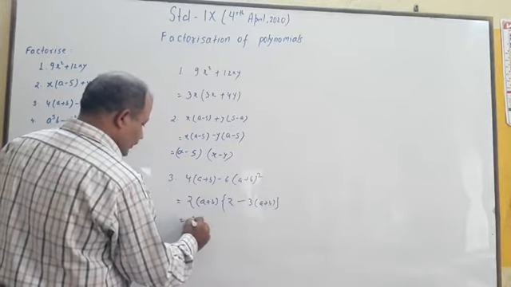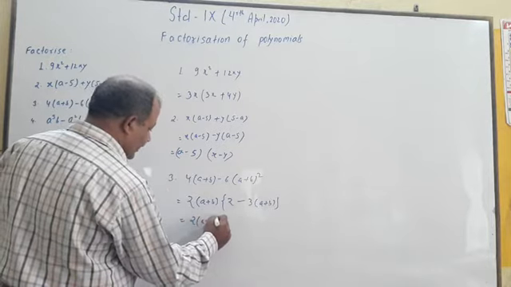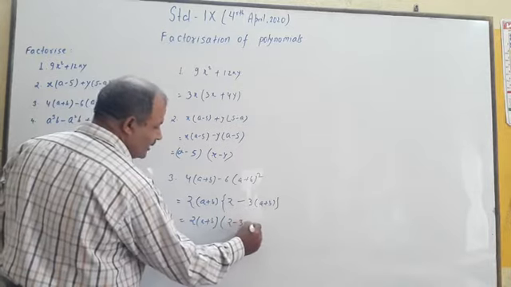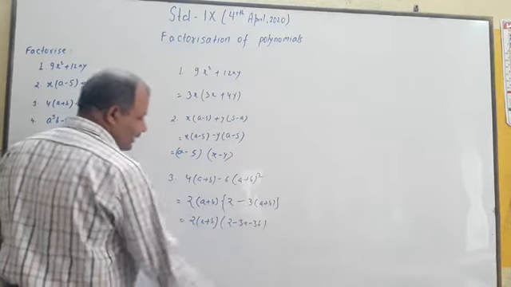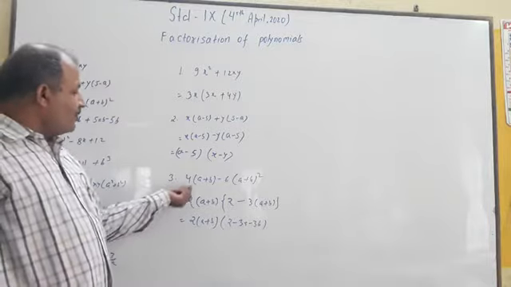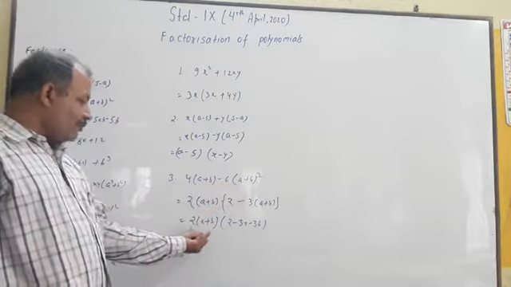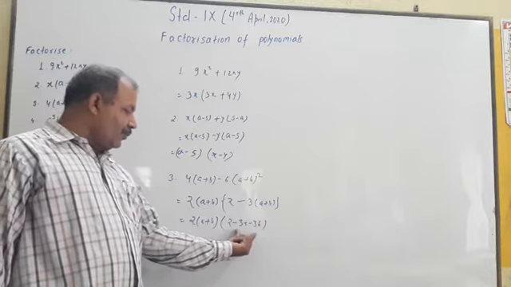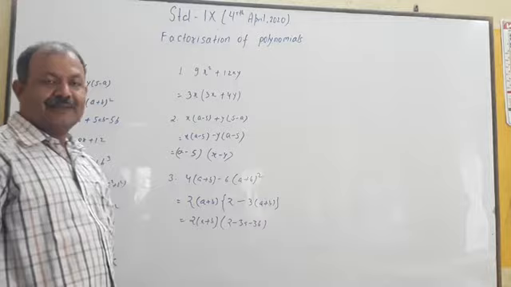Now 2 into a plus b into 2 minus 3a minus 3b. This expression is factorized to give the factors 2, a plus b and 2 minus 3a minus 3b.